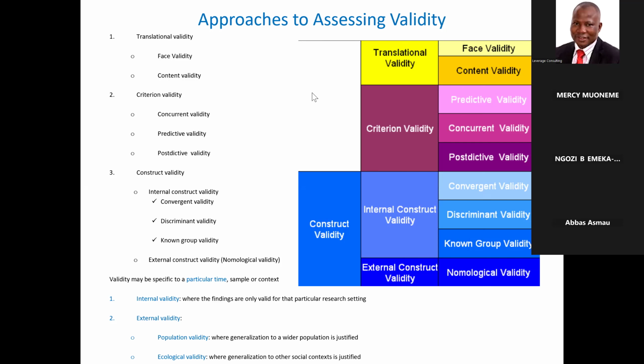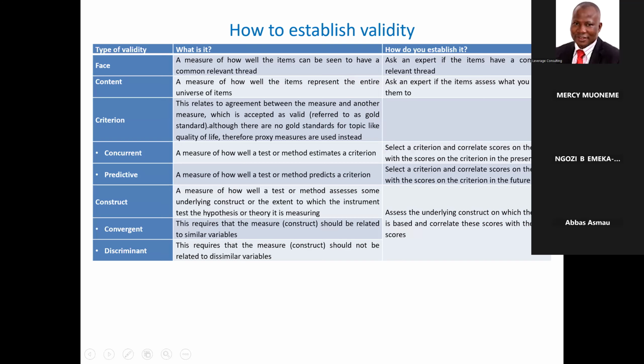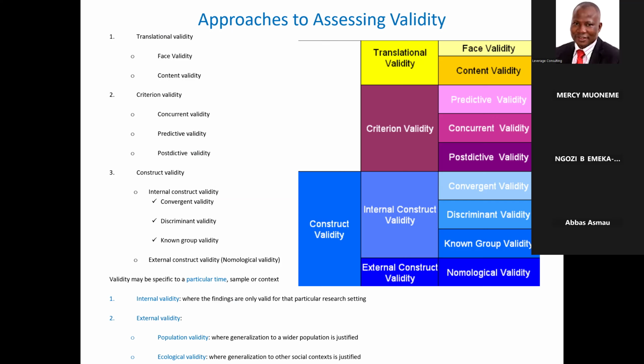You see the classification I have here: we have translational, criterion, and construct. Under translational, we have face validity and content validity. Then under criterion, we have concurrent validity and predictive validity.